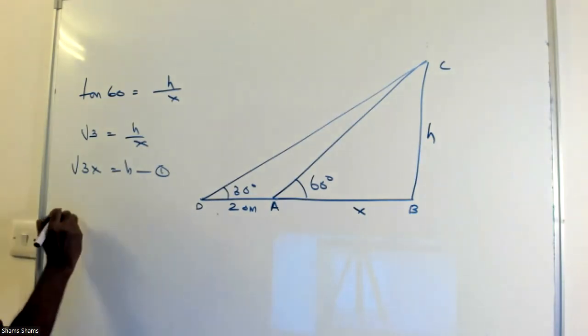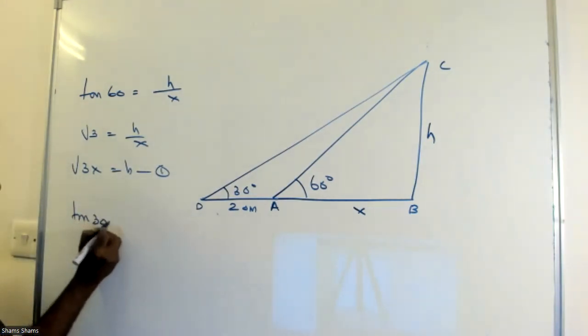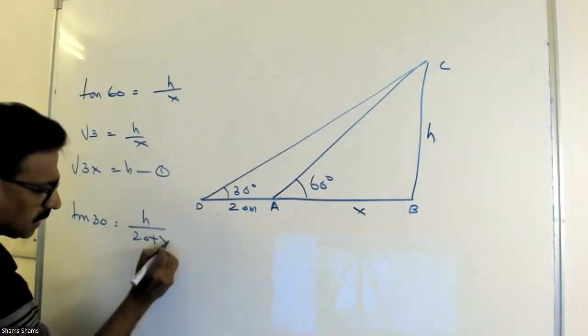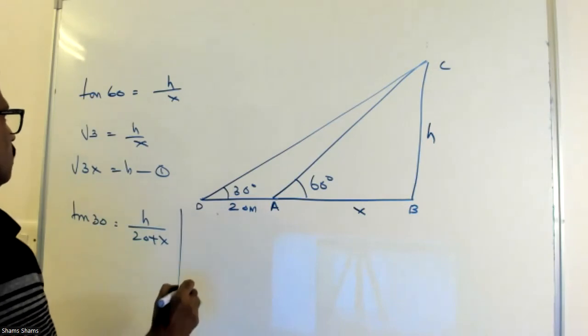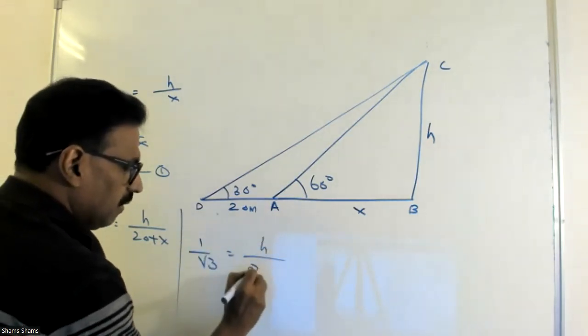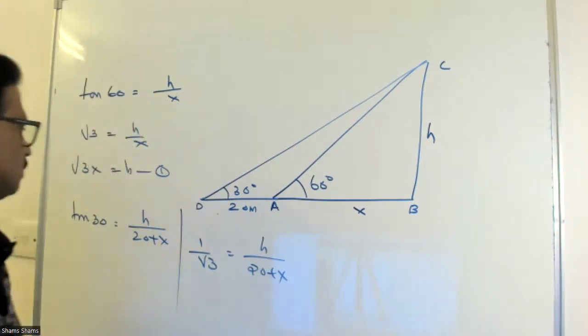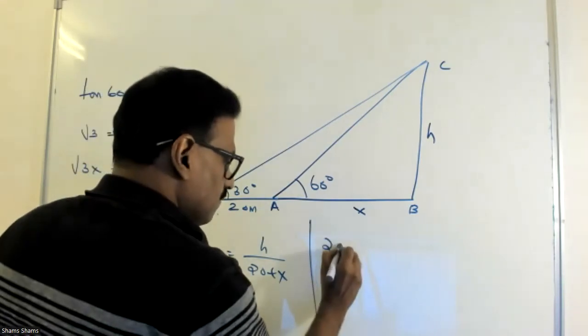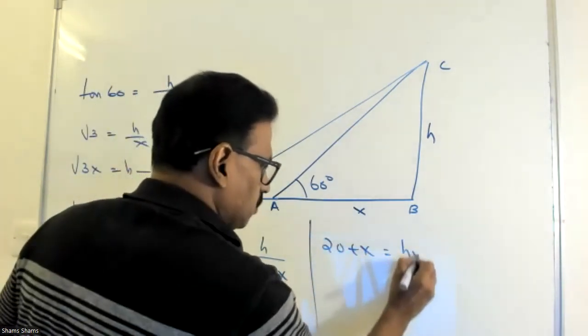Then tan 30 equals H by 20 plus X, so 1 by root 3 equals H by 20 plus X. That is, 20 plus X equals H root 3.